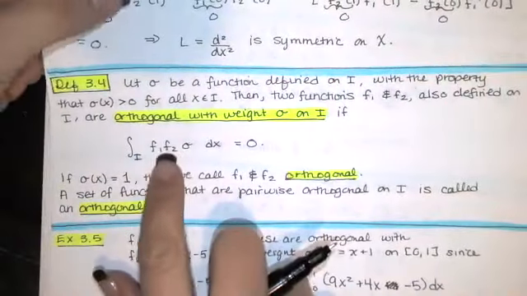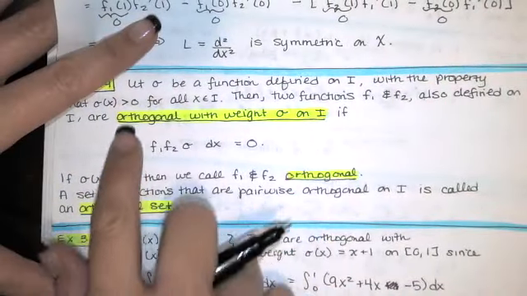That means if you take those two functions, you multiply them by sigma, and you evaluate that integral, you're going to get 0.